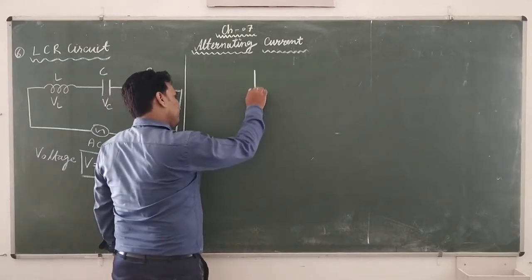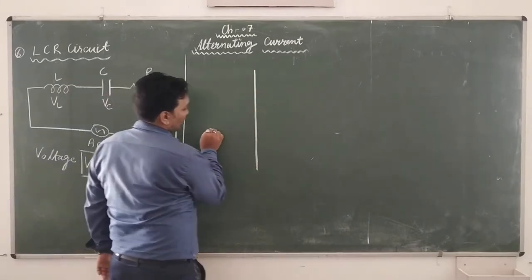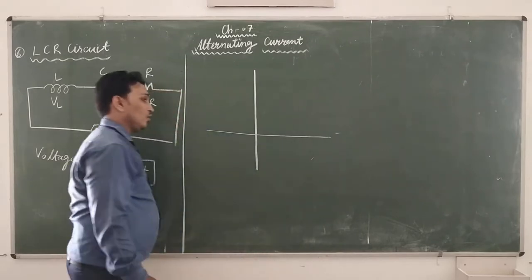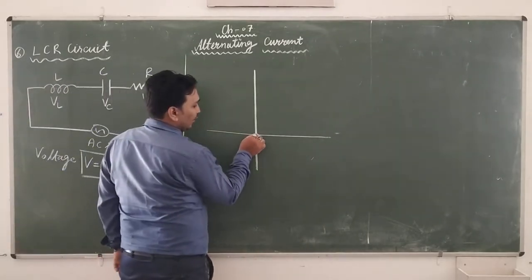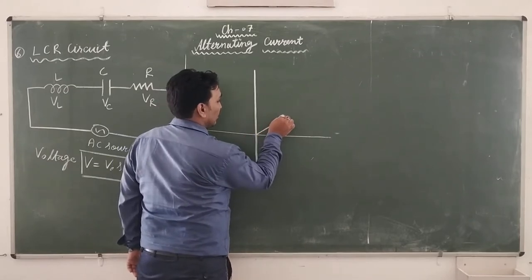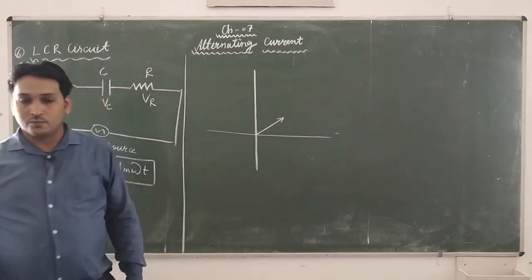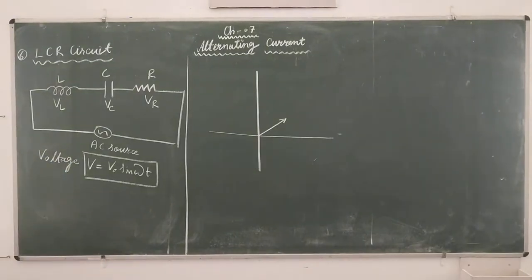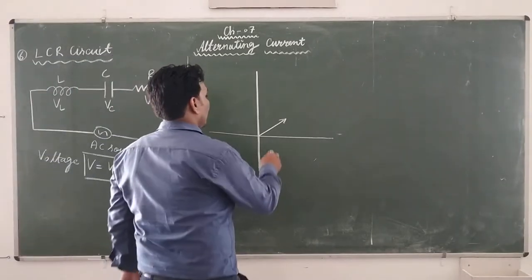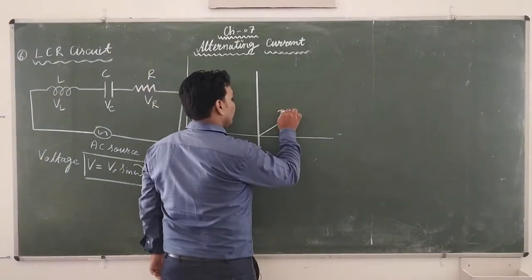Let us draw. Since they are in series combination, the current must be the same. So let the current be here, and the current is I. So this is your current I.